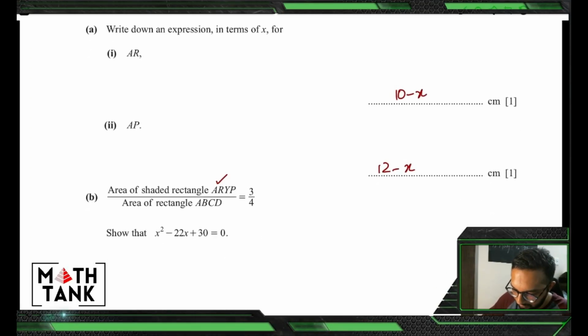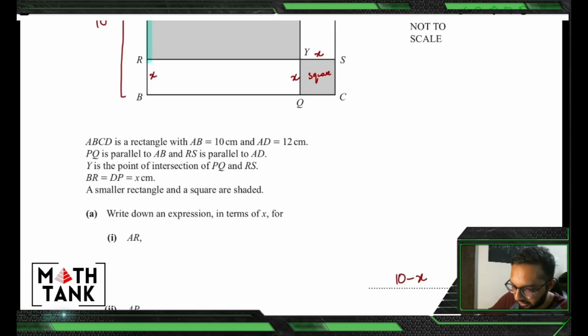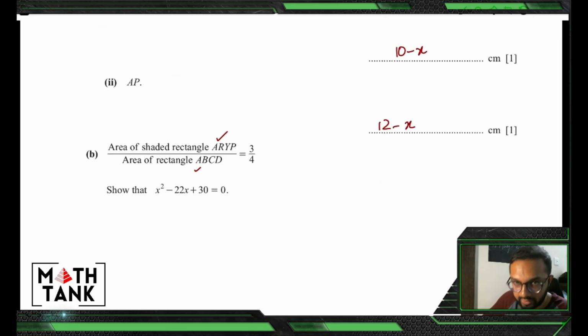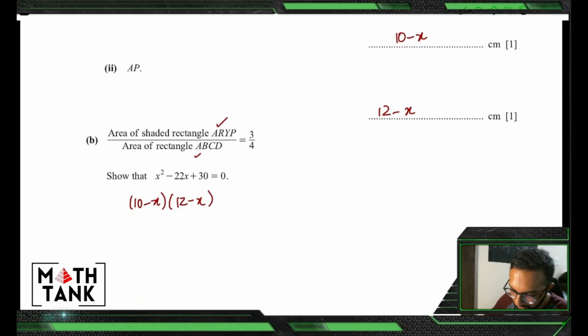Then it says the area of shaded rectangle over area of rectangle ABCD. So the entire rectangle over just the shaded rectangle is 3 over 4. Okay. So area of shaded rectangle, that would be 10 minus X into 12 minus X. That's what we saw earlier. And the entire rectangle is just 10 into 12.